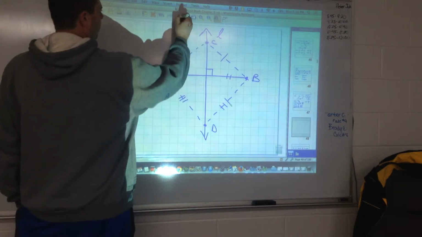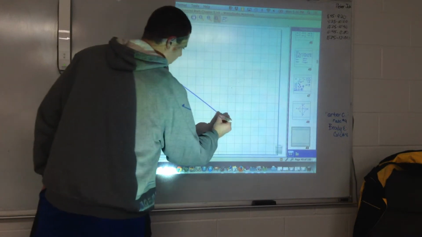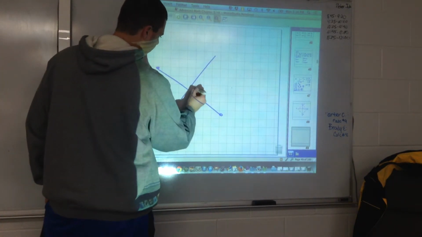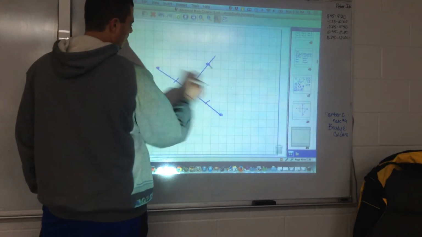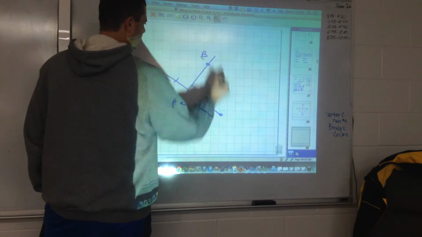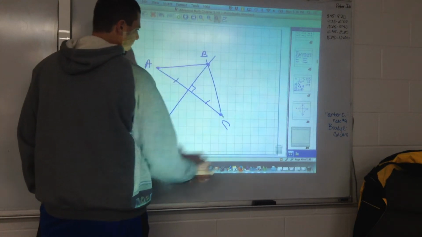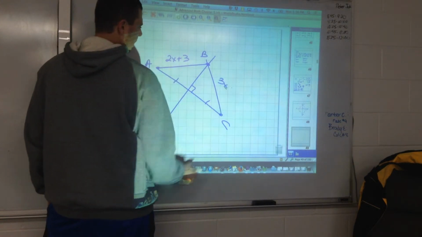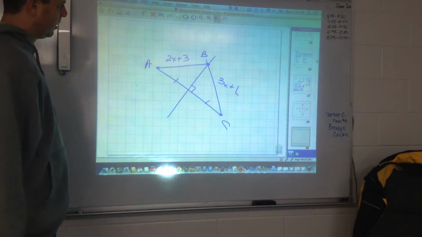Real brief example: you'll probably get some sort of segment drawn. Then they'll say that this is the perpendicular bisector of it, and then they'll pick a point on it. I'll just use different letters here for right now. And then they'll give you two lengths like 2x plus 3 and 3x plus 1 or something like that.